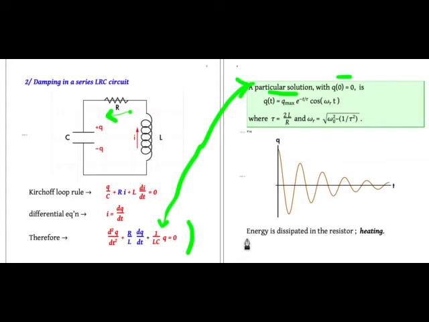Now, what's happening is heating or dissipation of energy. Energy is dissipated in the resistor.